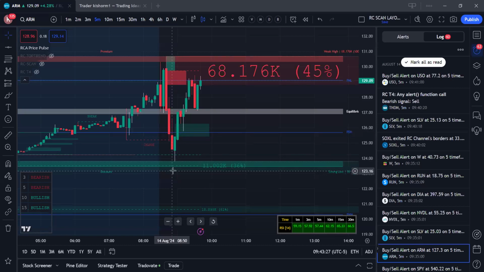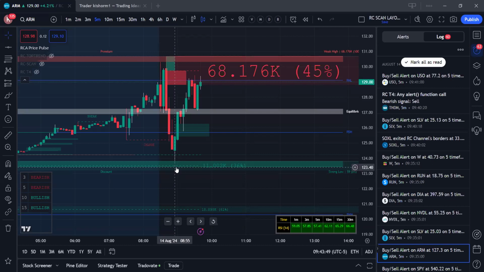Then your stop loss will be somewhere below the support. This is the discount area. You can put your stop loss some $1, $2 below, because even if it comes back to this area, there is a high possibility of bouncing up. So always put it some below the support.